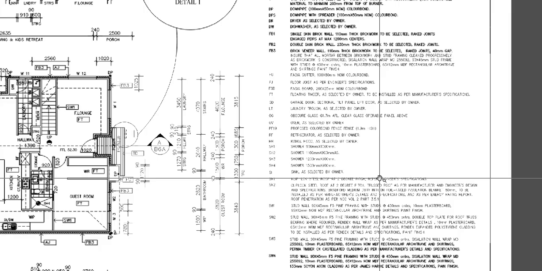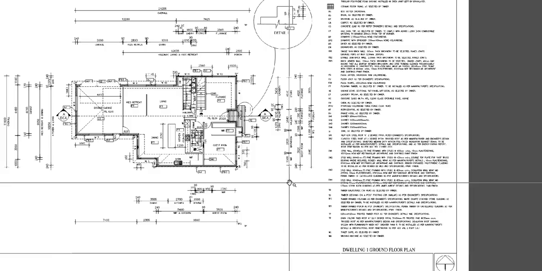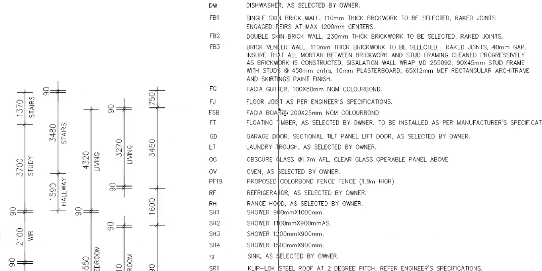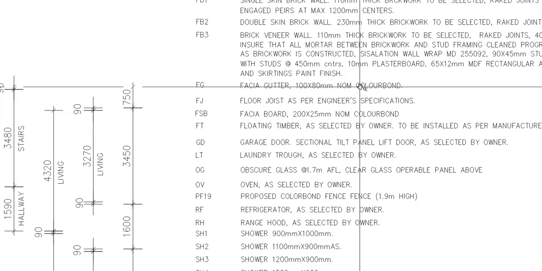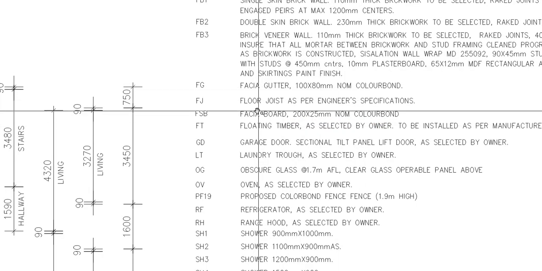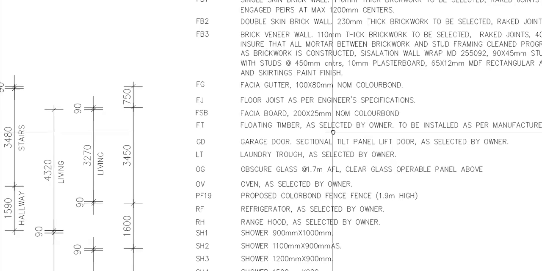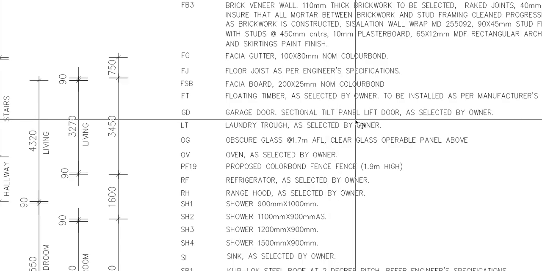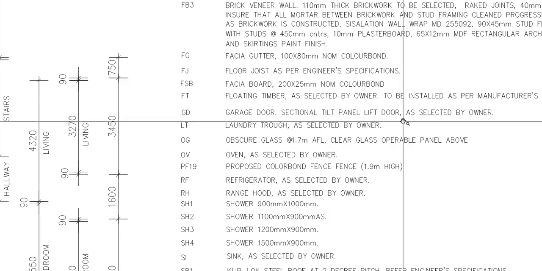These things are generally present in some drawings, where they define what is going to be where, like fascia gutter, it's a norm Colorbond, for joist as per engineering specific fascia board, and garage door, it's a sectional tilt panel door, lift door.